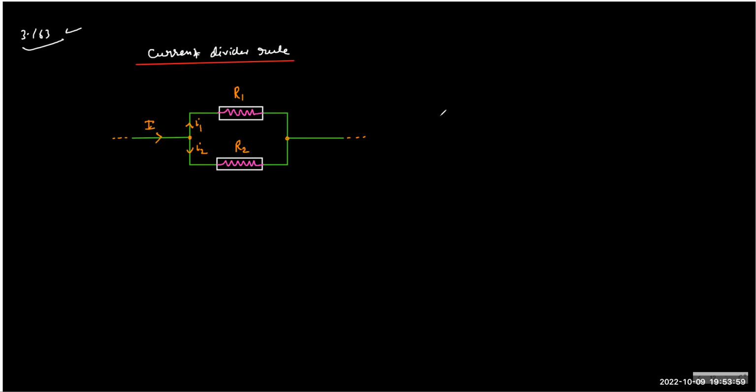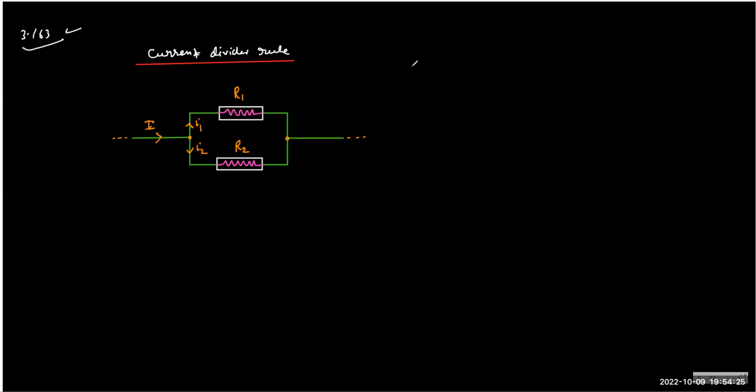Tell me, what is the property of parallel branches? They have the same terminals, right? If branches are in parallel, they have the same terminals. And if they have the same terminals, what else will be the same? The voltage will be the same.